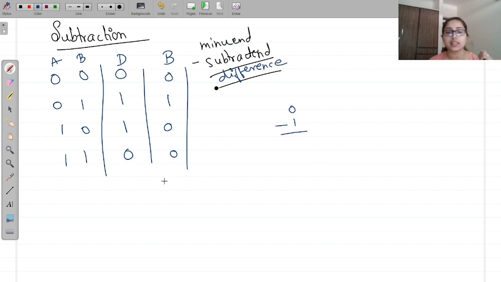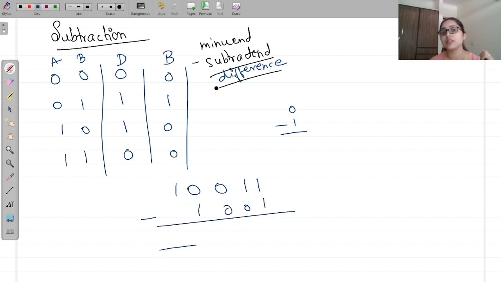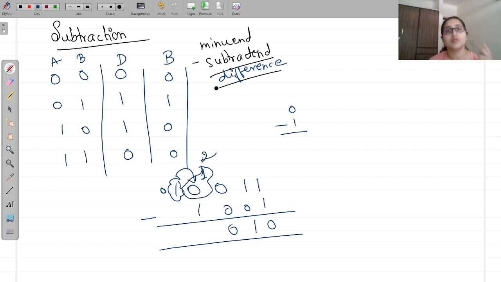So let us take one example. 10011 minus 1001. So subtract this. 1 minus 1, we know the difference is 0, borrow is 0. So 1 0 we can directly subtract it. 0 minus 0 is 0. And here we are going to take the borrow. If I am taking the borrow from this, it is giving 1 here. So 1 minus 1 becomes 0. But if you are taking 1 0, this will be 2. 1 0 is 2.